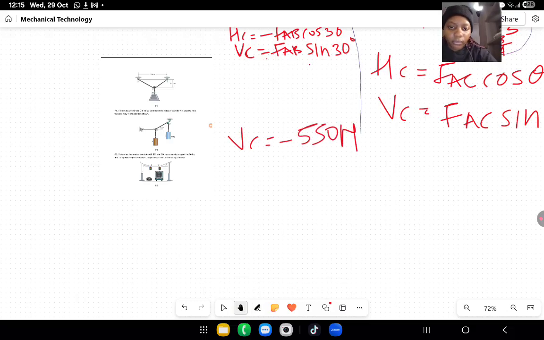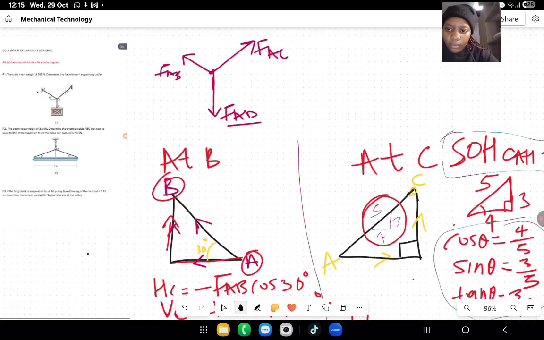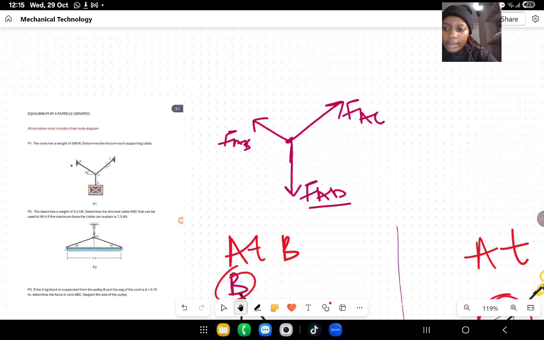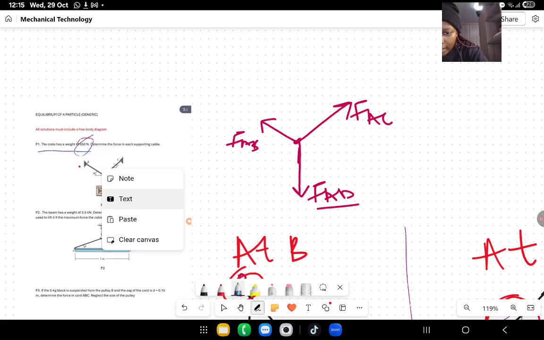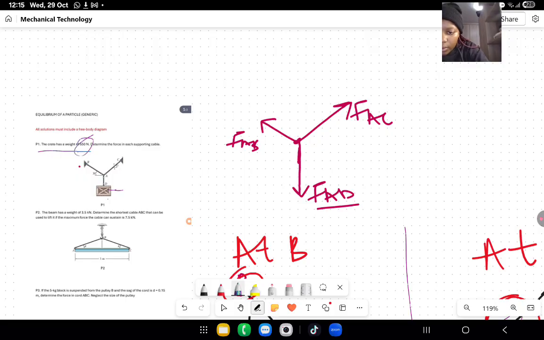So that you can all understand, here in our statement they said the crate has a weight of, let me highlight it for you, the crate has a weight of 550 N. So this is equal to 550 N, which goes down, which is our vertical component.